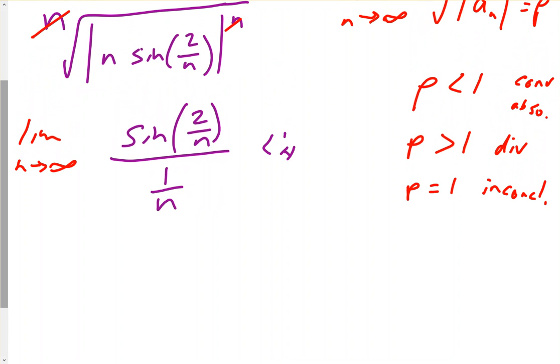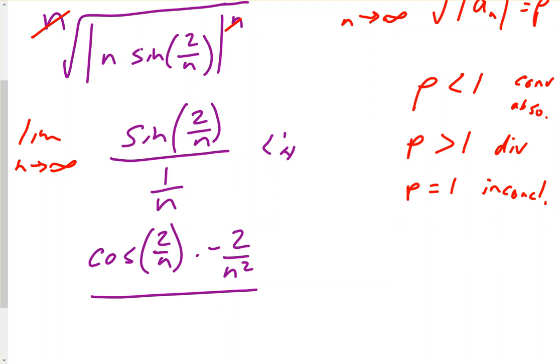We end up with cosine of 2 over n times the derivative of the inside, so that would be times negative 2 over n squared. The derivative of 1 over n is negative 1 over n squared. The negative 1 over n squared and the negative 2 over n squared, for the most part, will cancel.